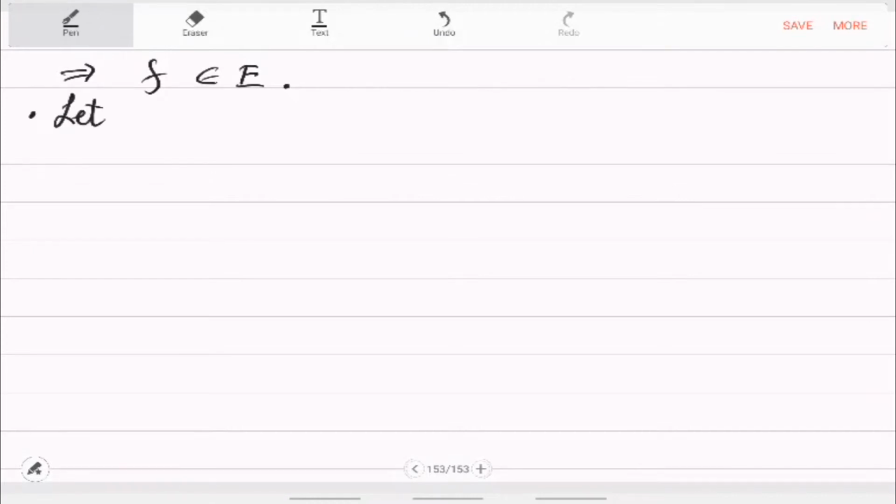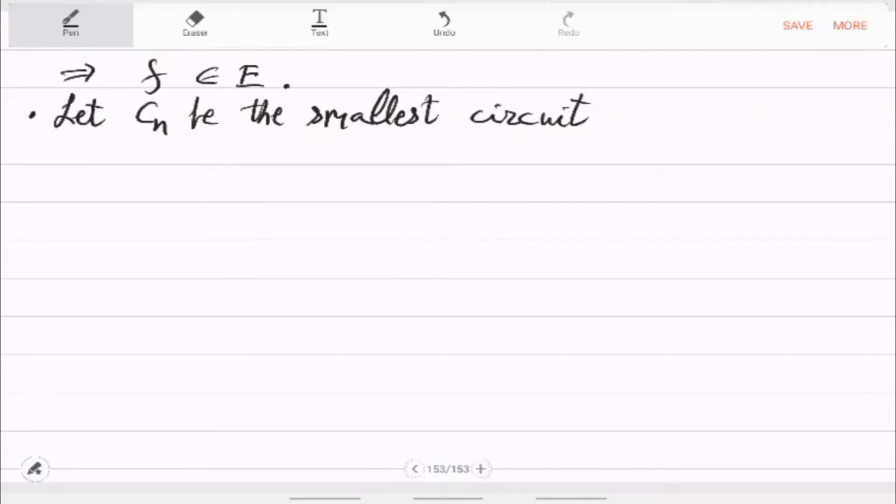So let Cn be the smallest circuit computing Fn. So what is the circuit size? What is the size of Cn? That's the question, right?